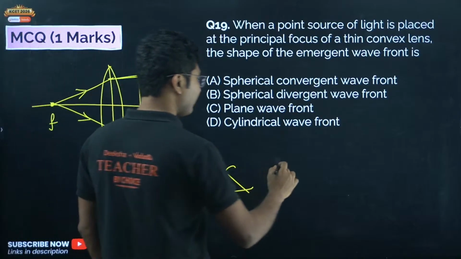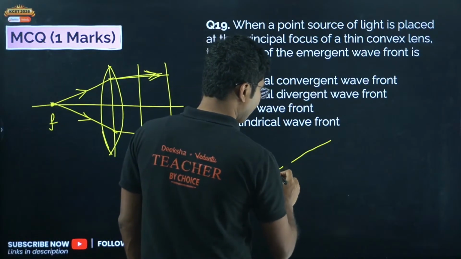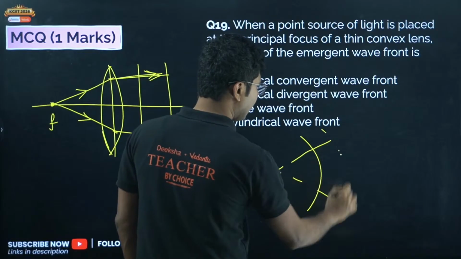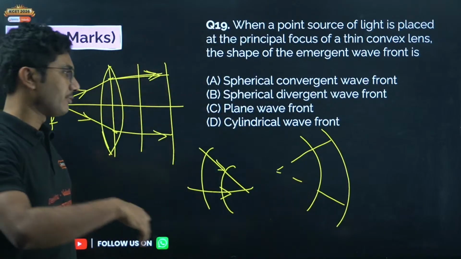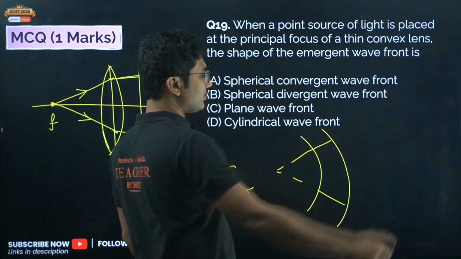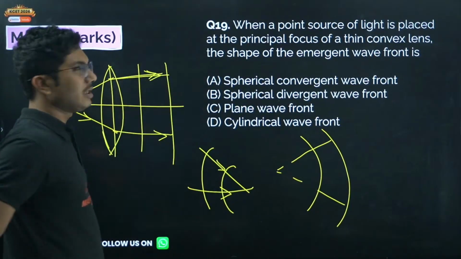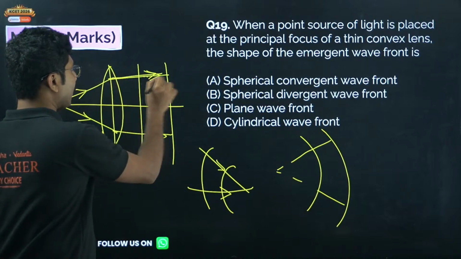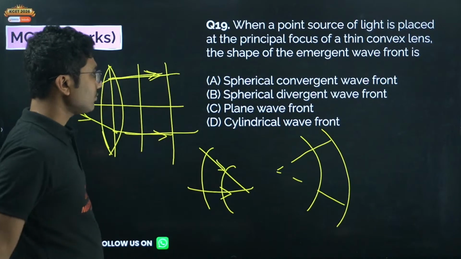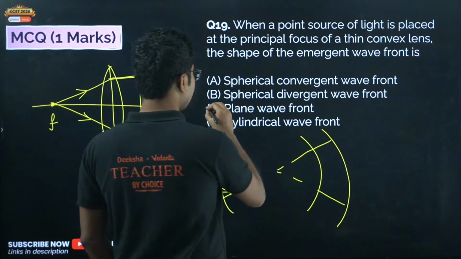If they are diverging from somewhere, then it will be spherical again, but the curves will be outside. If they are parallel, it will be plane, perpendicular to the rays. So plane wavefront is the correct answer.